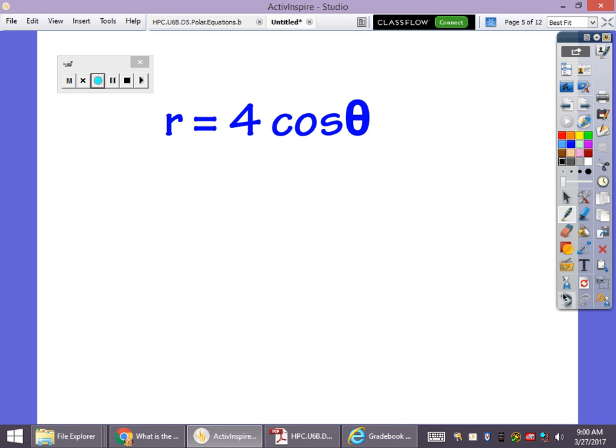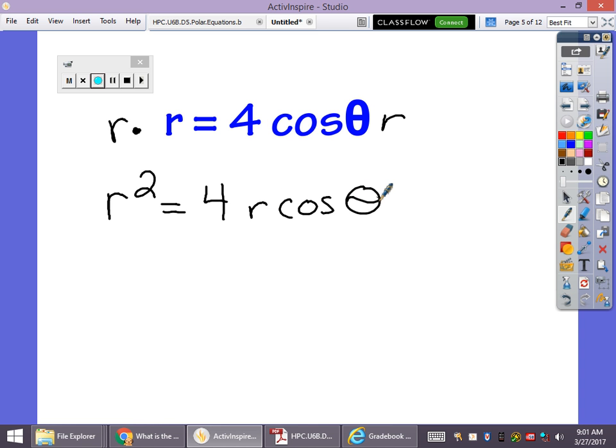When I square this side, it gives me a cosine squared. Do any of the formulas I provided have a cosine squared? No. What's another way to make this r squared? r times r. So what I do to one side, I do to the other. That gives me r squared equals 4r cosine theta.